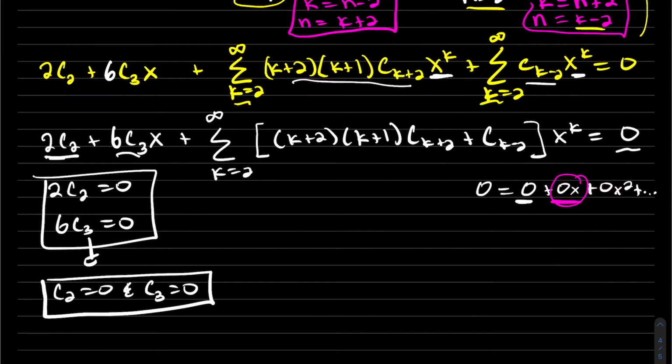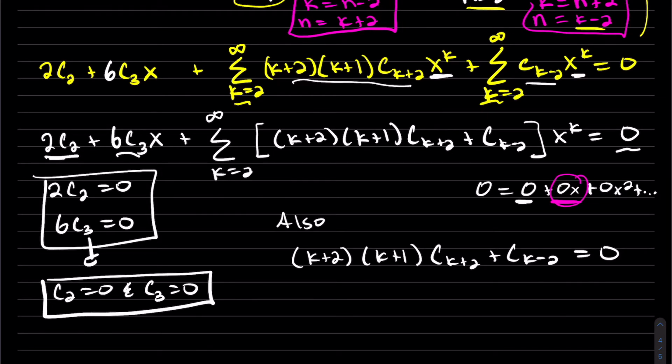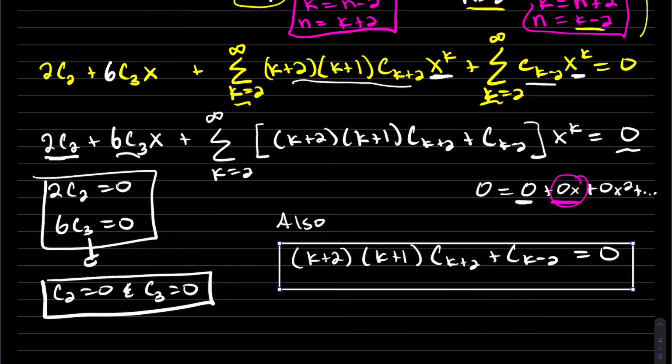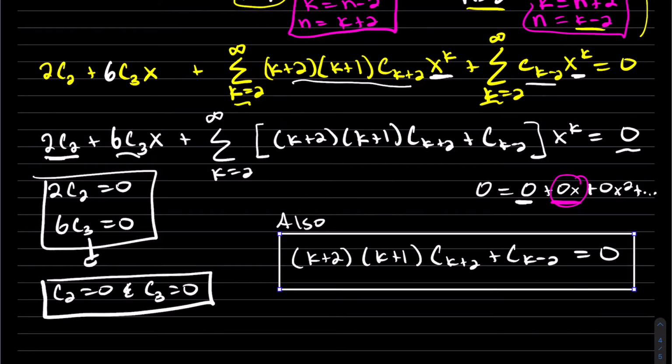Again, we can ignore the x to the k because we're just talking about the coefficient in front, and the coefficient in front of any x is 0. I'm going to box that, and this is where we're going to get our recursive equation to figure out all the constants.